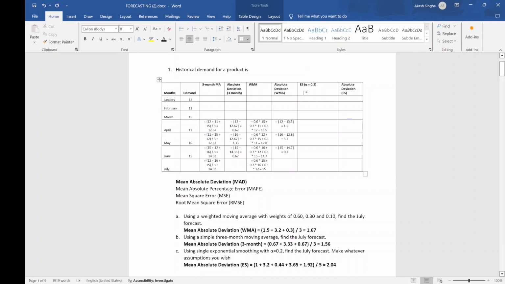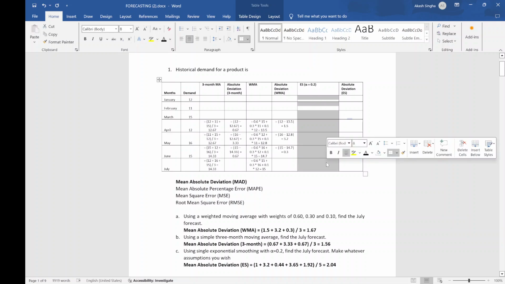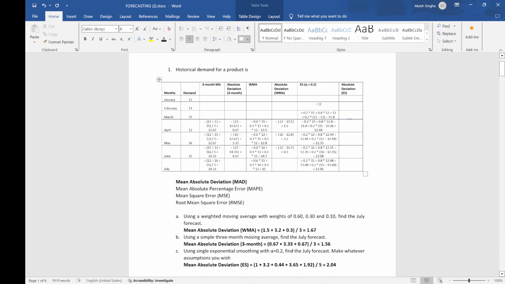And for smoothing, you have to assume that February's forecast is January's actual demand. So that much assumption you have to do, like February should be January's.